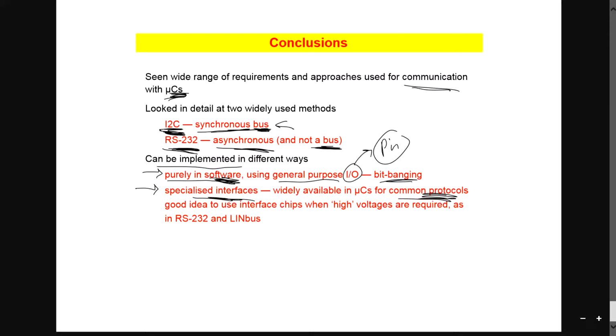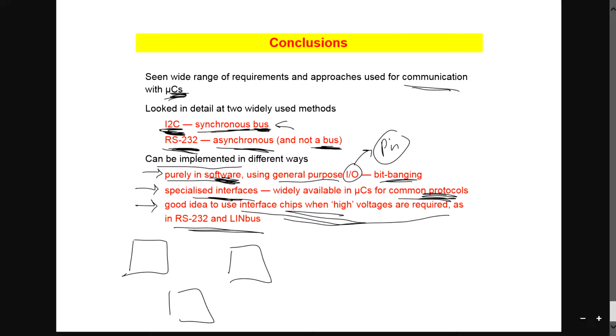A good idea is to use interface chips when high voltages are required, as in RS232 and LINBUS. So when you're talking about different interfaces between different hardwares, you can use the LINBUS or the CANBUS. Nonetheless, you can also use RS232 to communicate between hardwares.